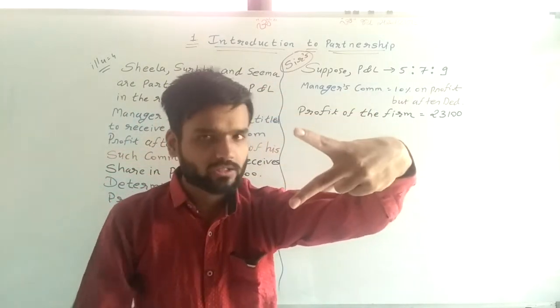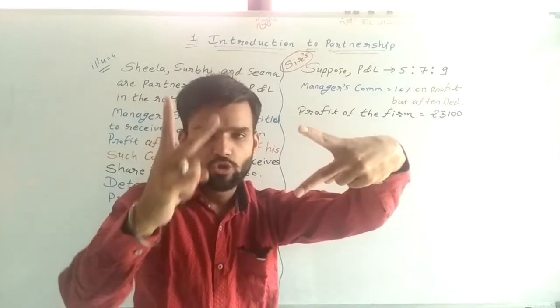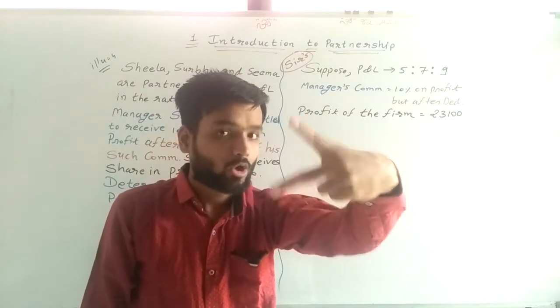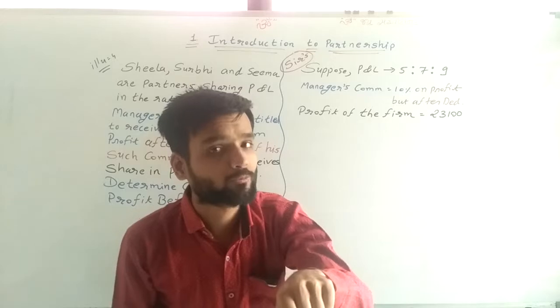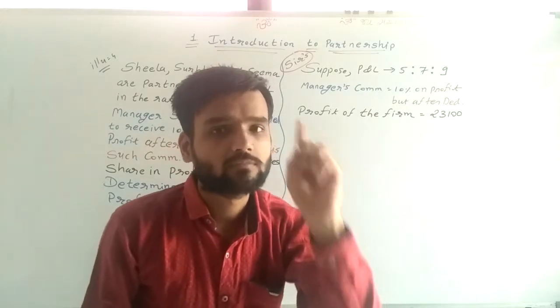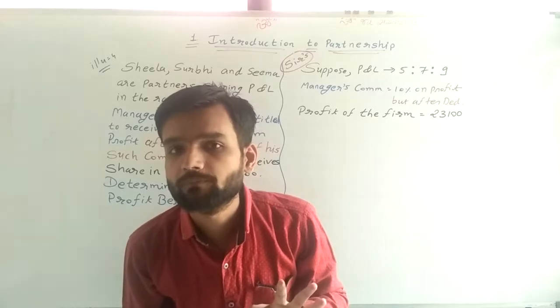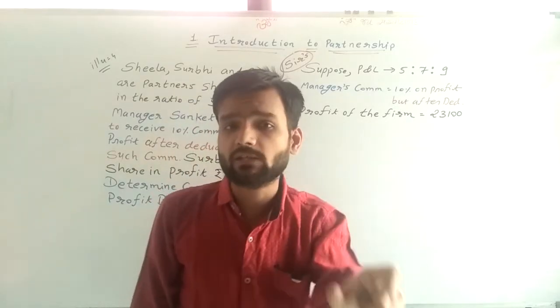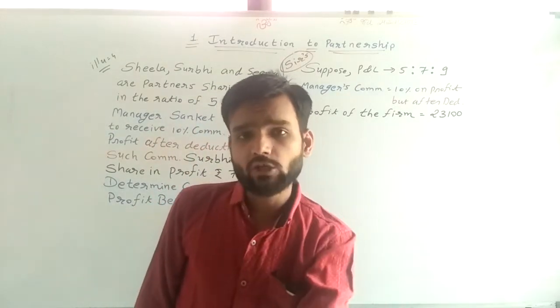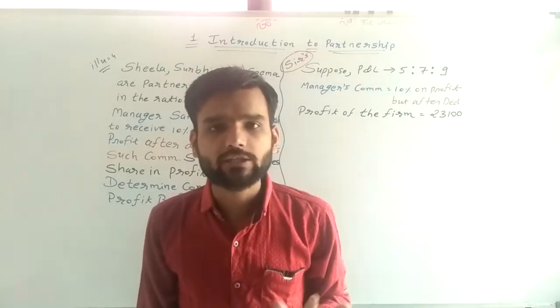To calculate commission, there were two methods, two formulas, on the basis of information given to you. If firm profit is given, firm profit into percentage upon 100 plus percentage. And if divisible profit is given, divisible profit into percentage upon 100 only.